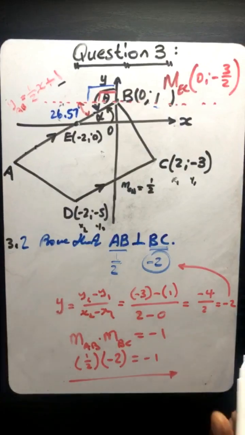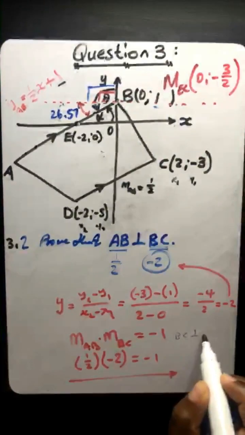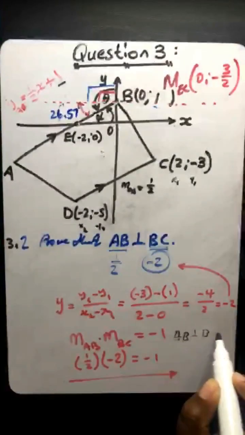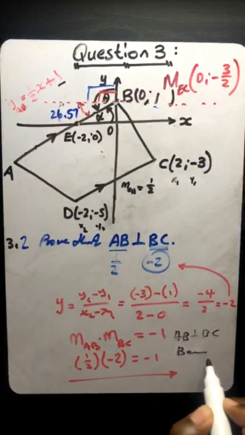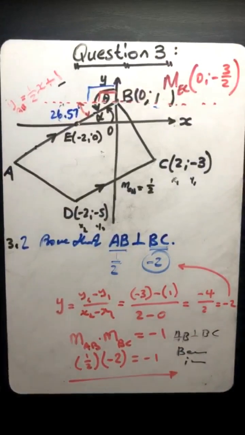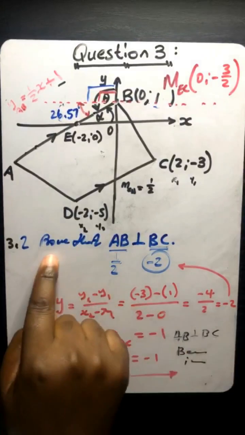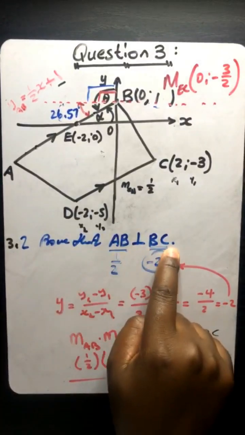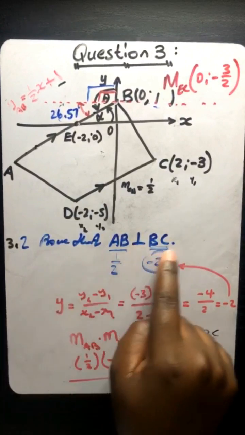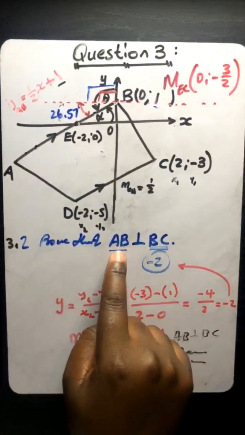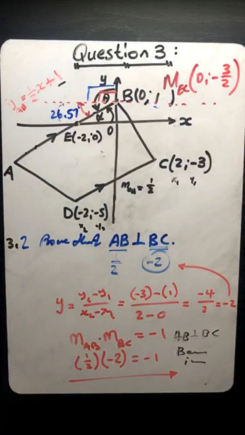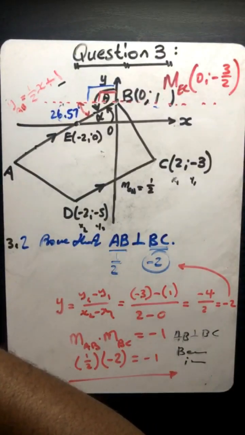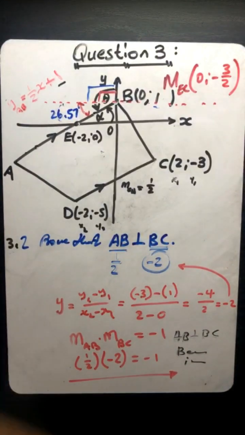I know you were going to say AB is perpendicular to BC because you just told us that AB is perpendicular. No, I was not going to do that. I'm telling you, that earns a big zero.